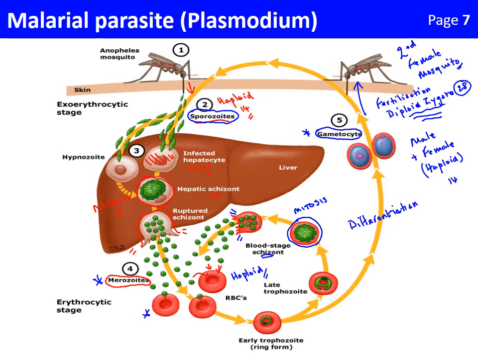These haploid sporozoites migrate to the salivary gland of the second adult female. And that female will then fly off. She'll bite another possibly non-infected human, and she will transmit the sporozoites or Plasmodium cells into the second human. So that's the life cycle of Plasmodium.